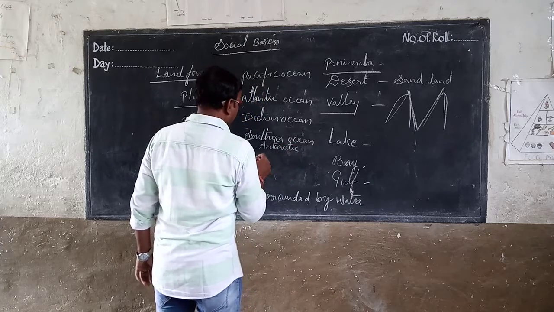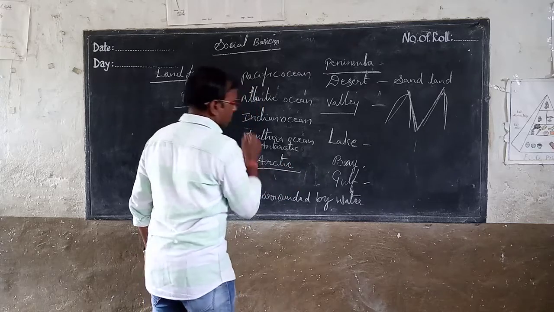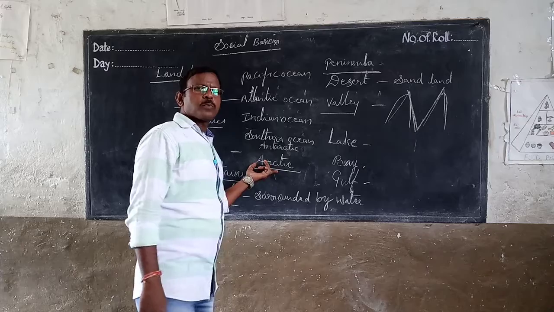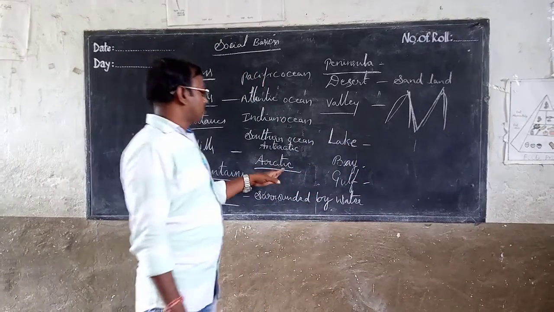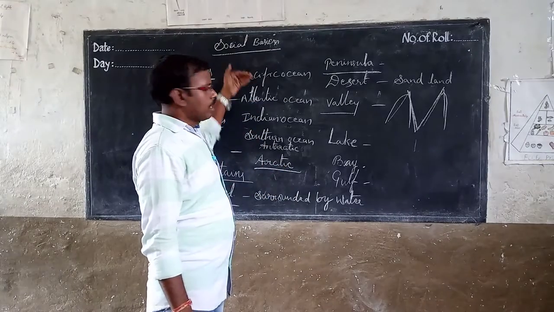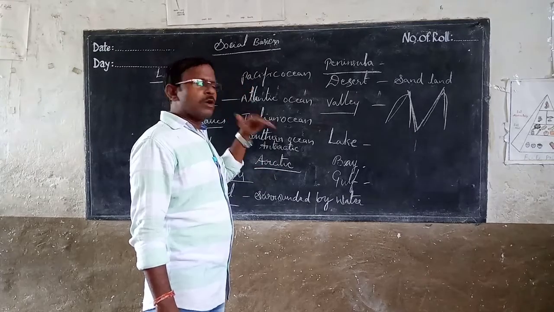Next, Arctic Ocean. Among these oceans, the Arctic Ocean was almost frozen, totally frozen. Now we can say four oceans mainly. The Arctic Ocean is totally frozen, in the North Pole.